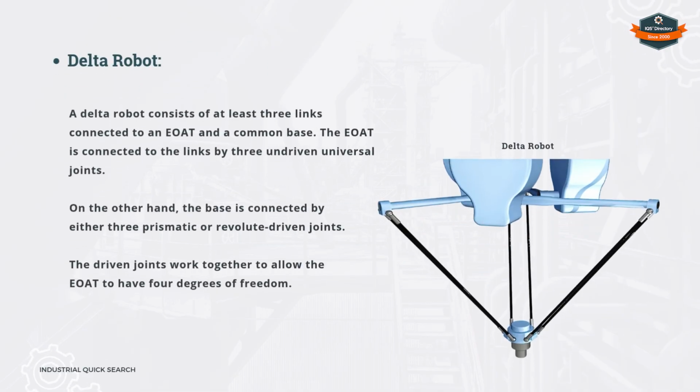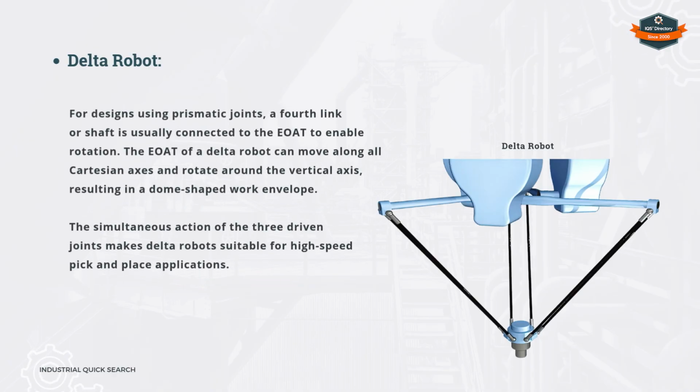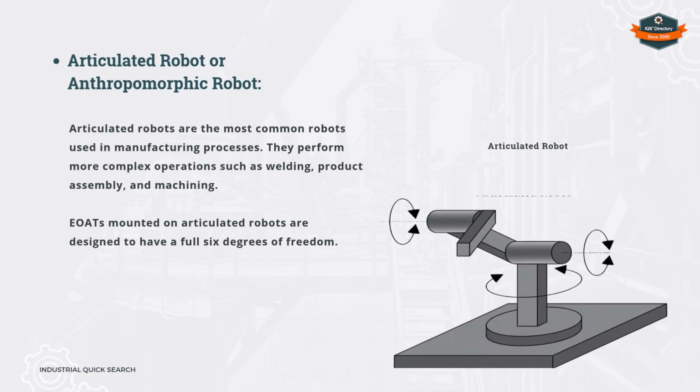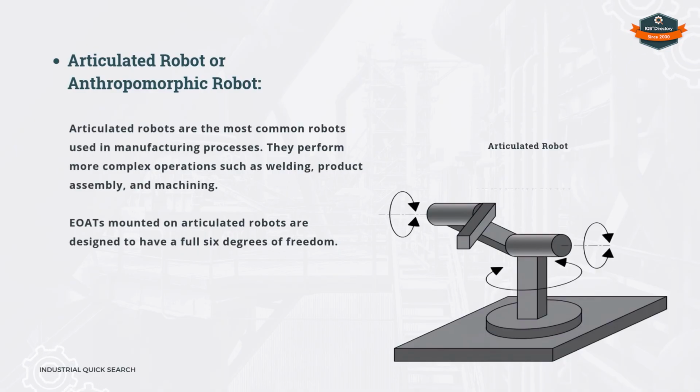Delta robot. Articulated robot or anthropomorphic robot.